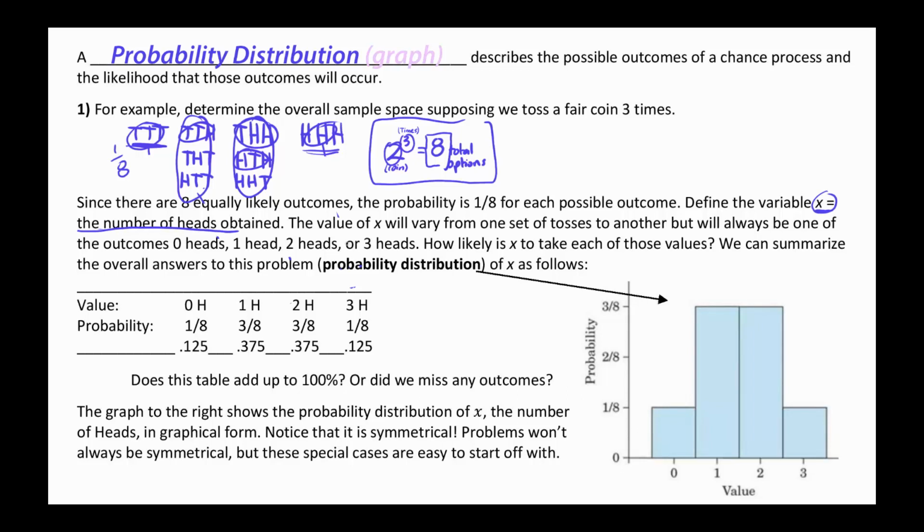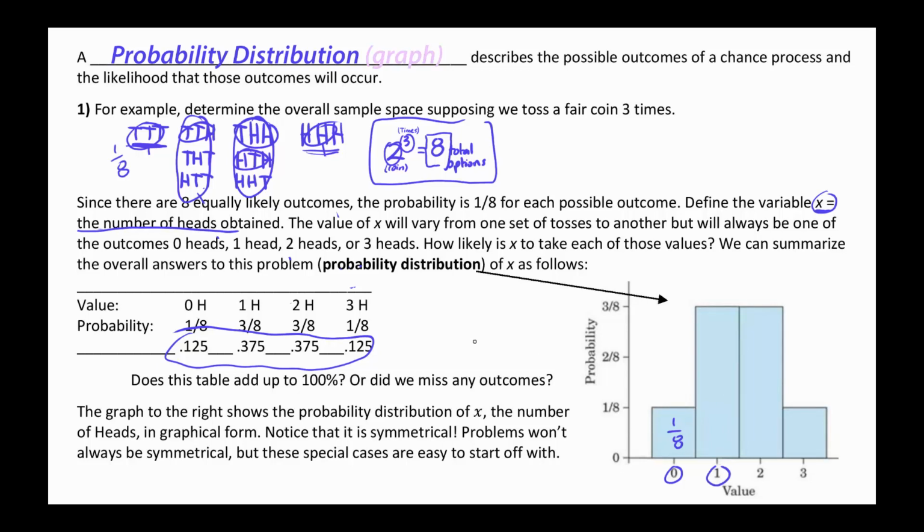What happens if we try to summarize those answers right down here into a graph? Well, if we put that together, we are literally getting a probability distribution. We're getting this graph. You can see if we roll a value of 0 heads, that happens 1 out of 8 times. All right? Not very often.